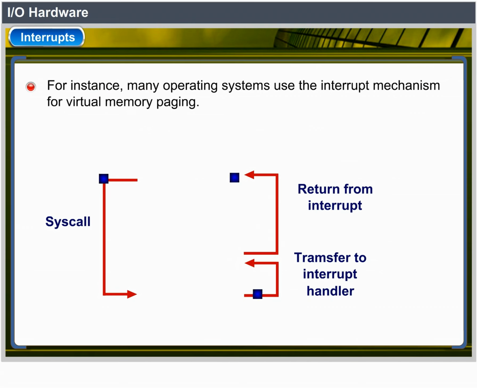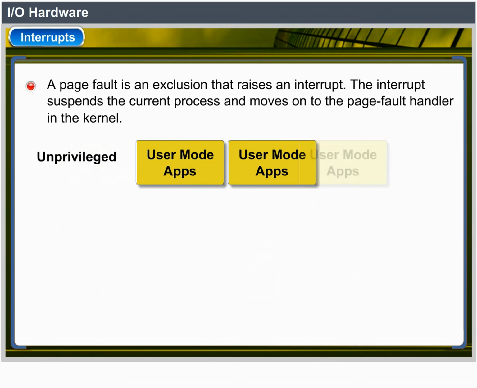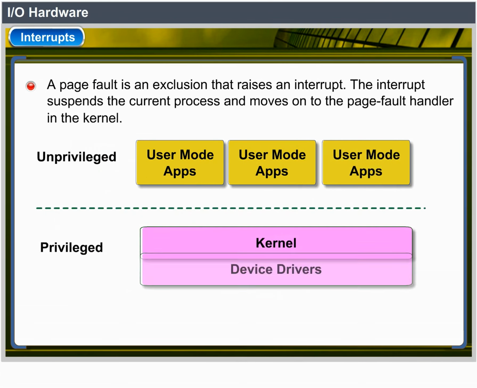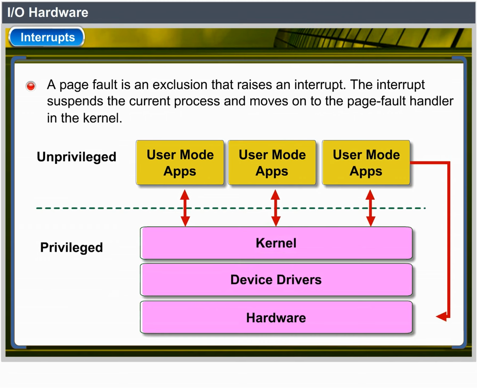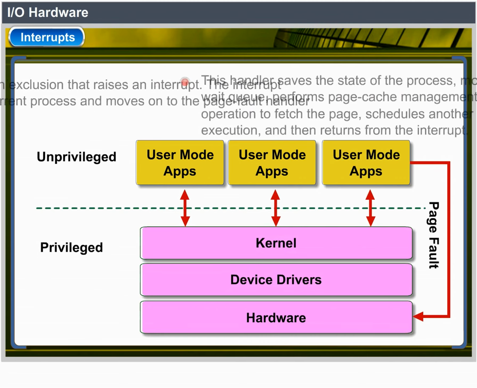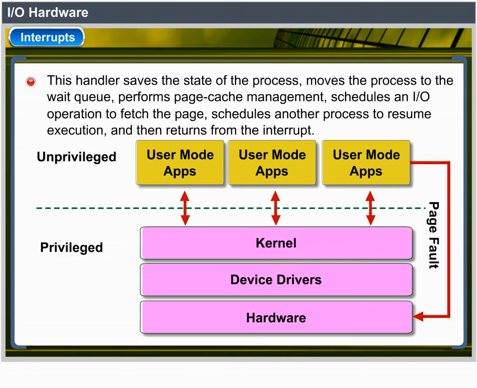The interrupt suspends the current process and jumps to the page fault handler in the kernel. This handler saves the state of the process, moves the process to the wait queue, performs the page cache management, schedules an input-output operation to fetch the page, schedules another process to resume execution, and then returns from the interrupt.